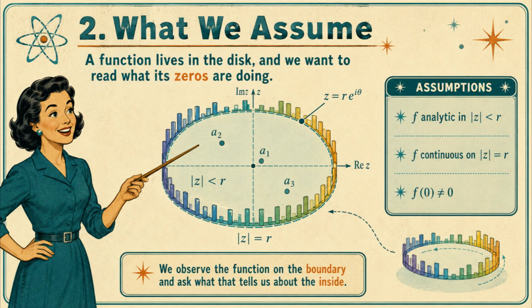We also assume the function does not equal zero at the center. That prevents the center measurement from breaking. So the setup is simple: a nice complex function, a disk, some hidden zeros inside, and a boundary circle around everything. Let's go to idea three.